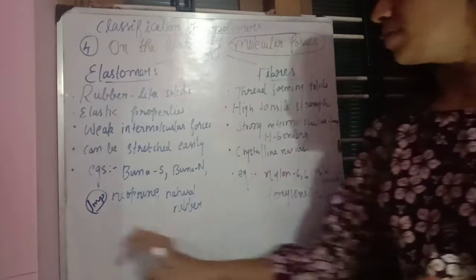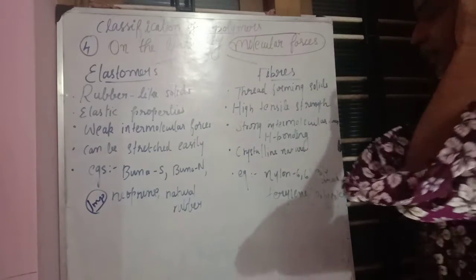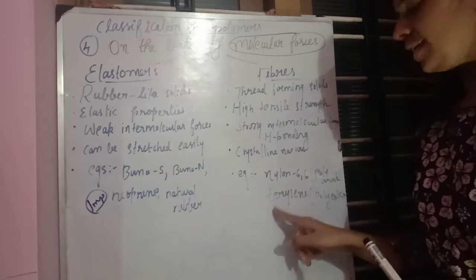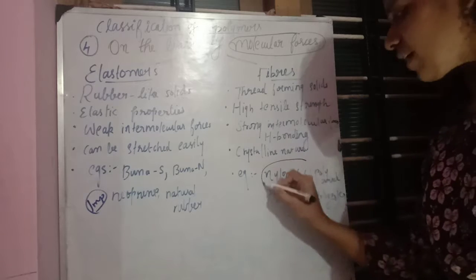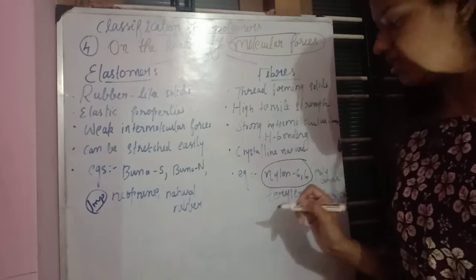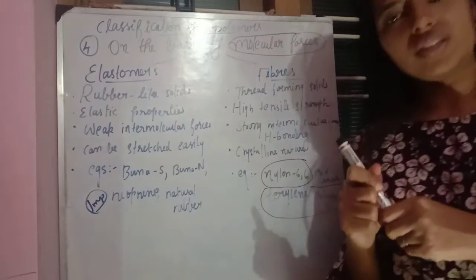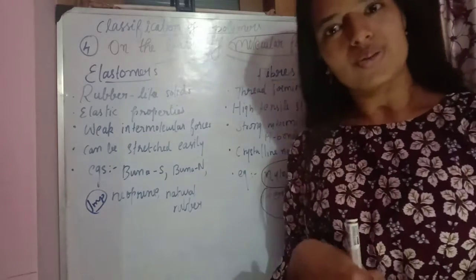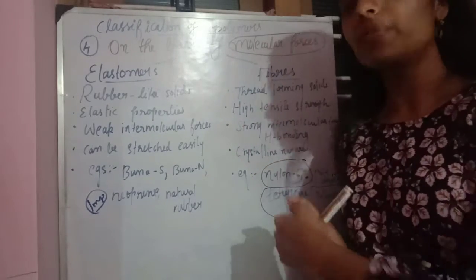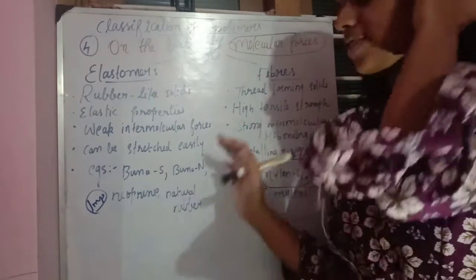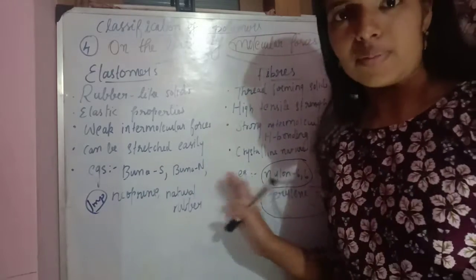These are the examples of elastomers. In the case of fibers, nylon 66 and terylene are fibers. Nylon 66 is a polyamide, which we have seen in the previous video, and terylene is a polyester. I will tell about terylene in the upcoming videos. So remember this classification. It is very easy to remember. Remember the points, and most importantly, learn the examples by heart.